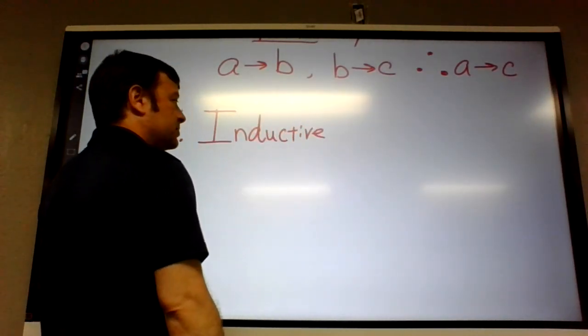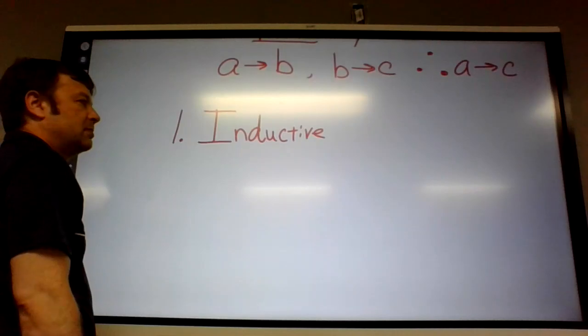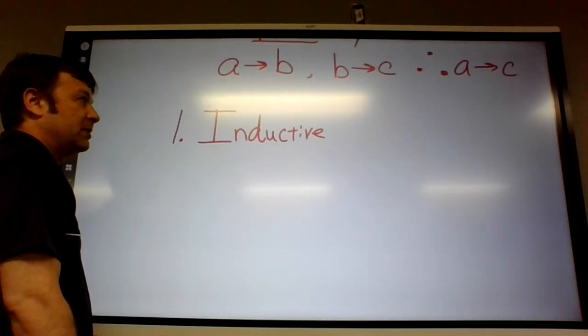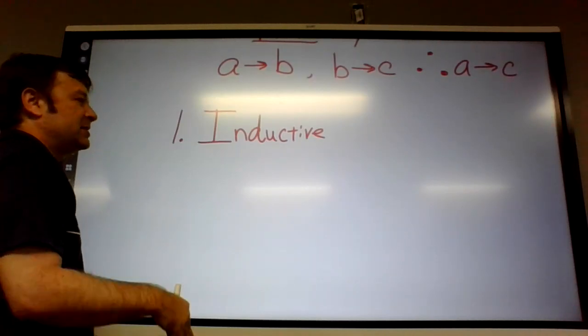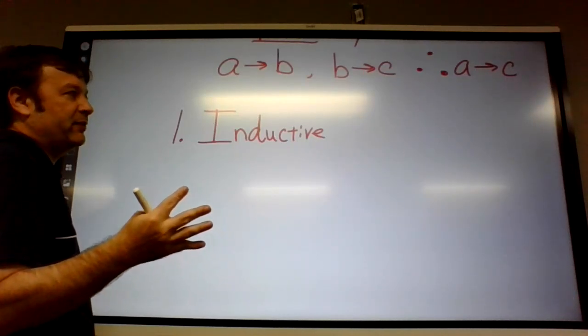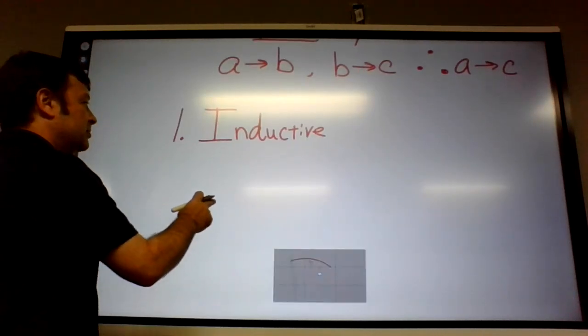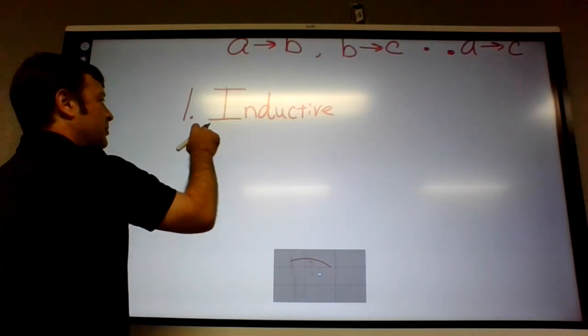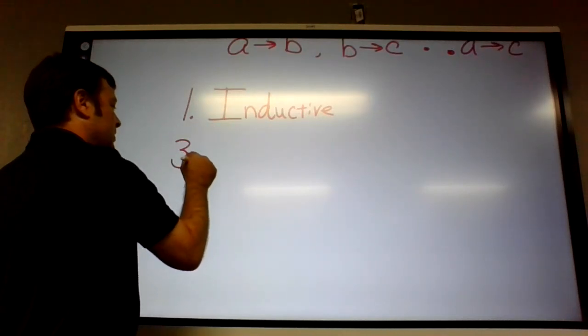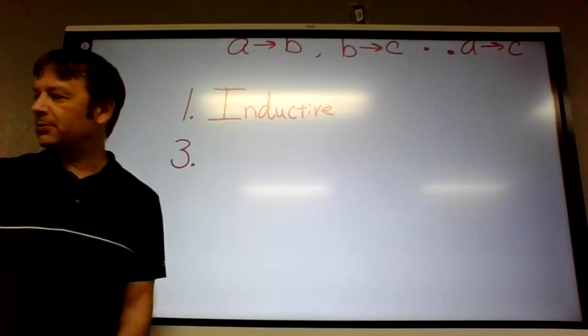For some reason, the polling was wrong. It's usually right. Usually it does predict the winner, but it's just based on a few of the people. If they polled everybody, that would be a pretty good predictor. But if you're just basing it on a few people, that's just inductive reasoning. We're not for sure, but probably.